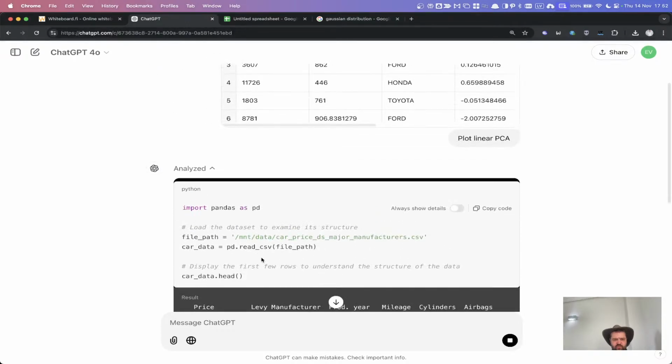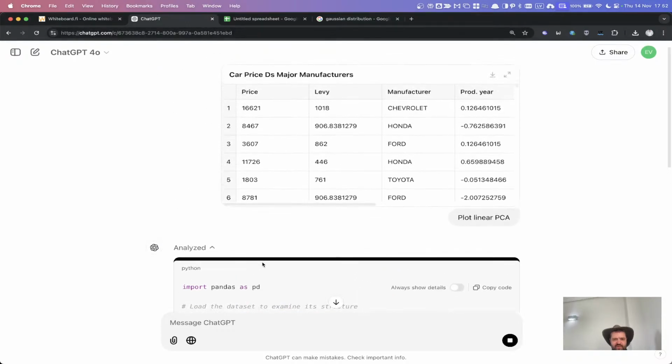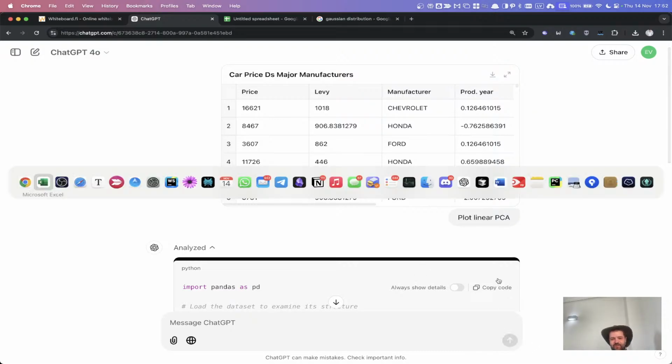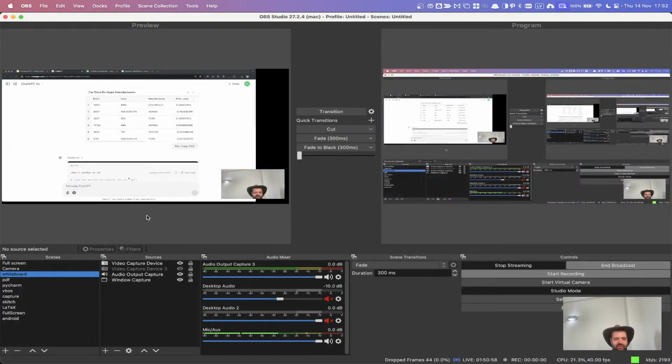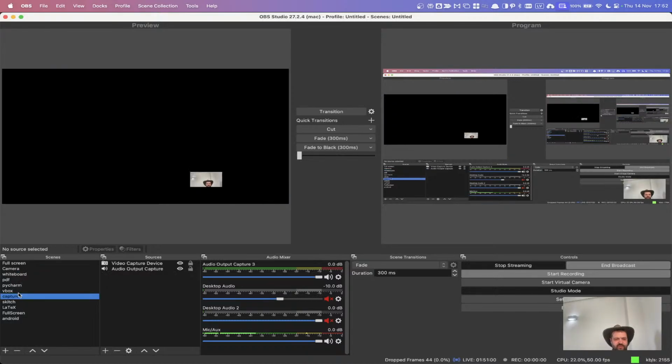Oh no, this is not my file. Okay, just a second. This is the file with all of these manufacturers, whatever. Just a second, I will fix this. I need a little bit of a moment.